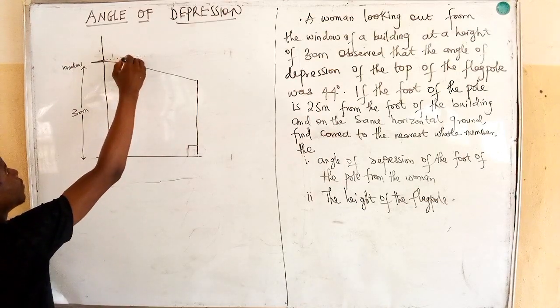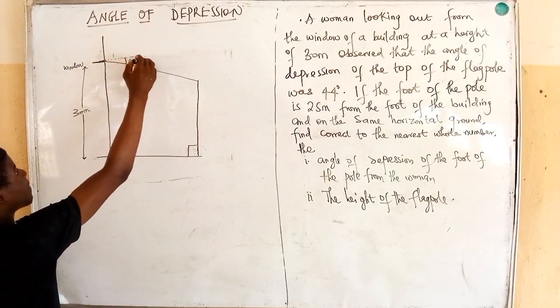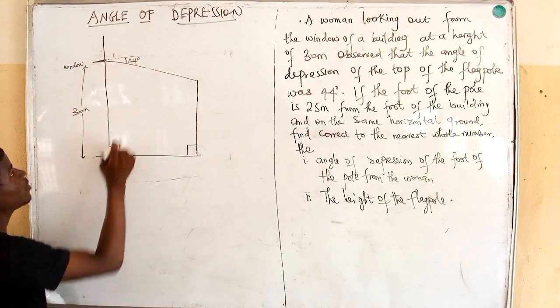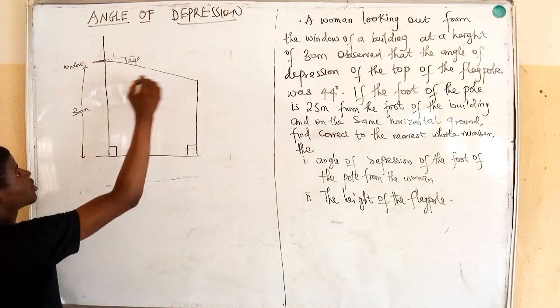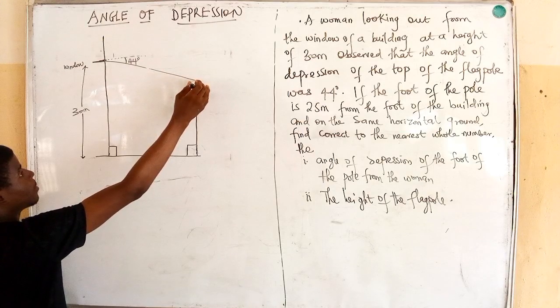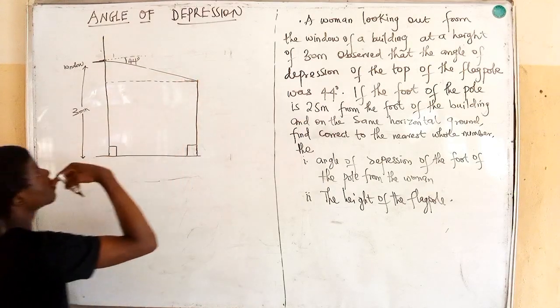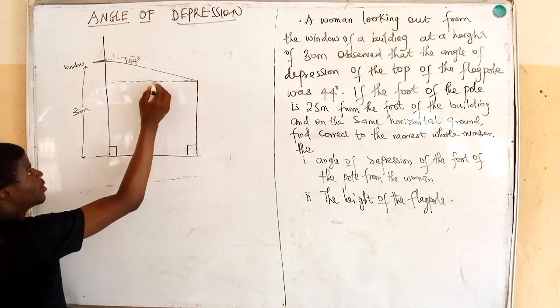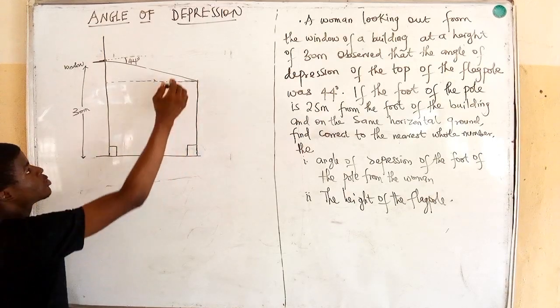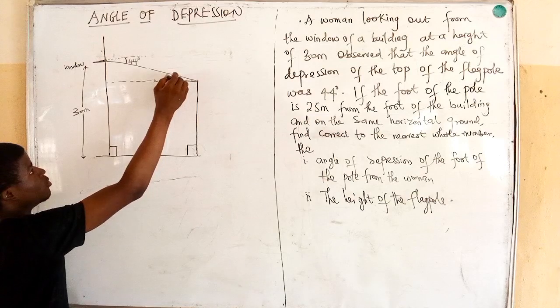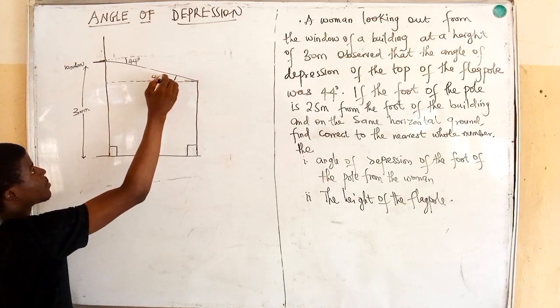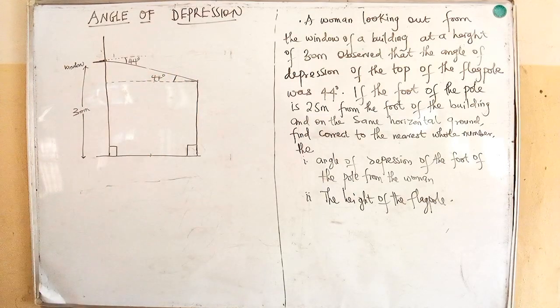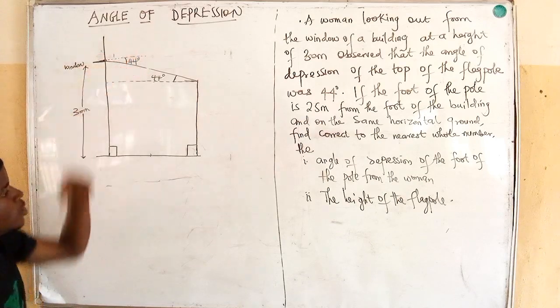So here is 44 degrees. Now, if here is 44 degrees, let's check something. I can actually draw a horizontal line that is actually parallel to this line. And by alternate angles, the angle here will be 44 degrees. Alternate angles. This angle is equal to this.